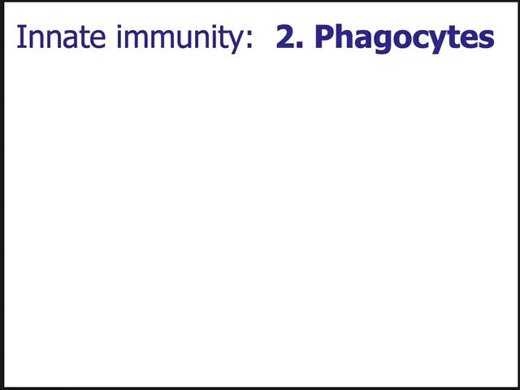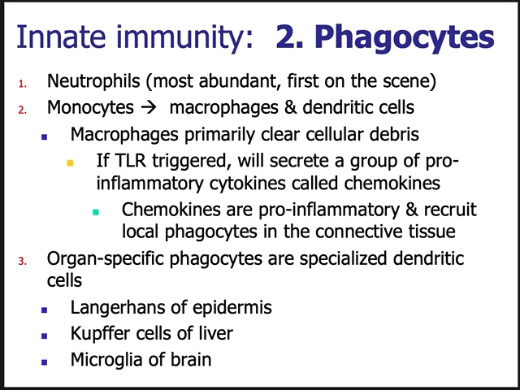Okay, innate immunity, continued. Second of 7, right? So phagocytes. Phagocytes are a major component of our innate immunity. They go around and eat debris and look for invaders, okay? Neutrophils are the most abundant of all phagocytic cells.